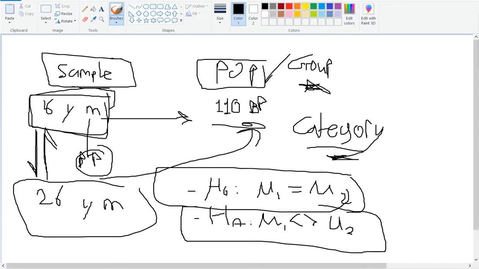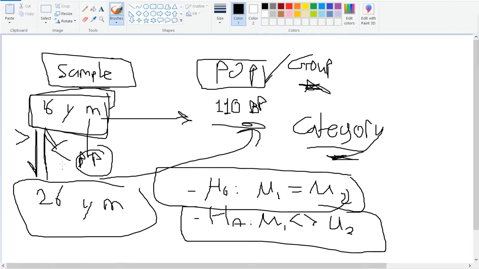One side point: the example so far has been, is the mean blood pressure of 16-year-old males the same as 26-year-old males? It doesn't have to be the same as. It can be, is the blood pressure of 16-year-old males greater than, or less than, that of 26-year-old males?